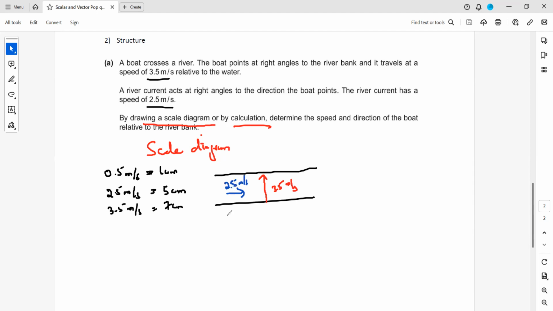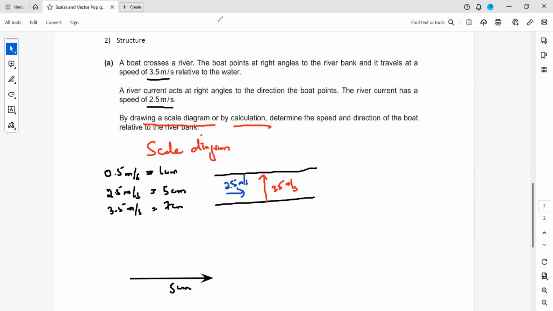If we are using a scale diagram, we will draw the two vectors. We can draw either one first. For example, first I draw the river current, which is 2.5, or 5 centimeters, so we draw a straight line of 5 centimeters.